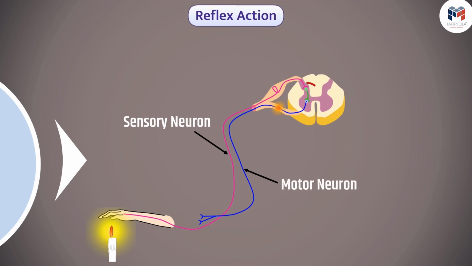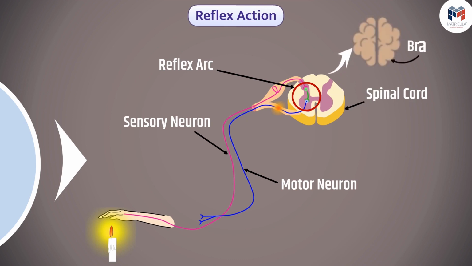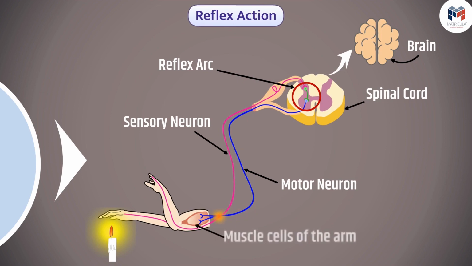The connection between a sensory neuron and a motor neuron is called a reflex arc. These reflex arcs are formed in the spinal cord. All the nerves from the brain form a bundle in the spinal cord. The motor neuron transmits the signal to the effector, here the muscle cells of the arm.